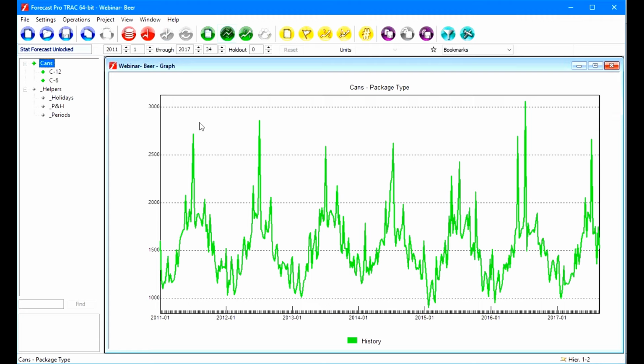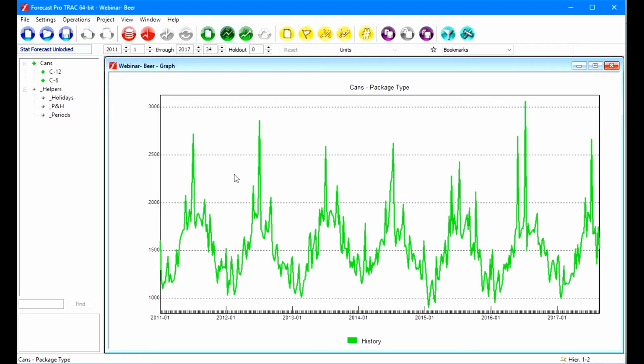The other thing that really stands out is these spikes here. So within the summer, we have these 3 weeks each summer that are particularly big spikes. And these are all holiday driven. So we have Memorial Day, we have the 4th of July, and we have Labor Day. So, you know, this makes a lot of sense.